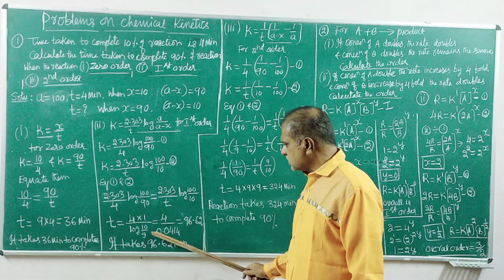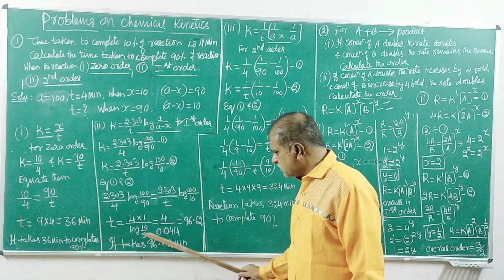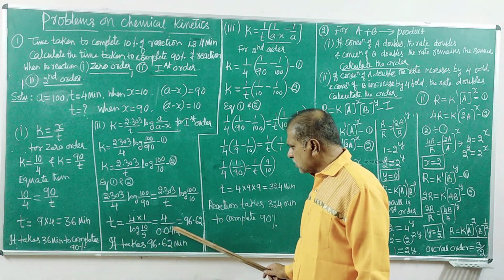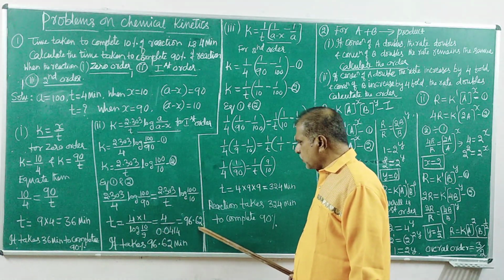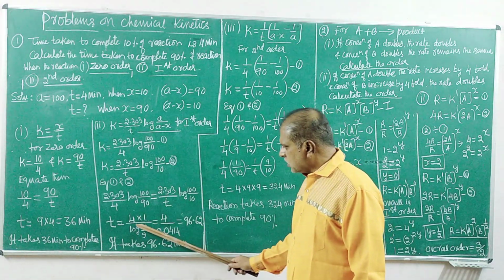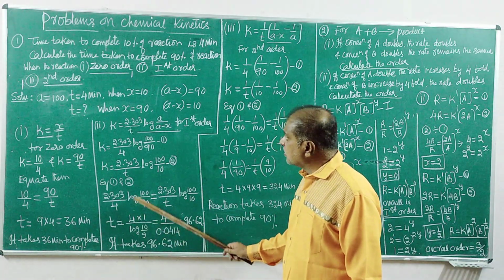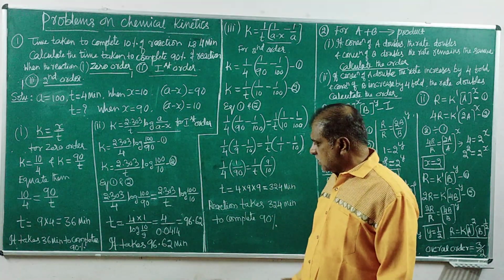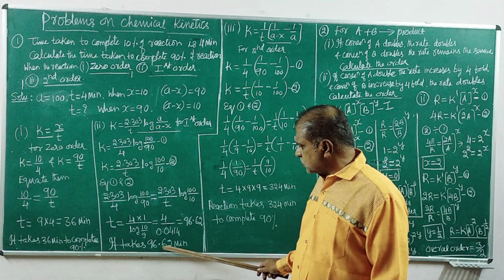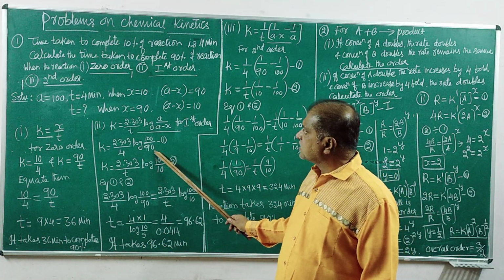Log of 10 by 9 is 0.0458; logarithm of this value is 0.0441 and this divided by this is equal to 96.2. So the time taken for completion of 90% of reaction is 96.62 minutes if the reaction is first order.